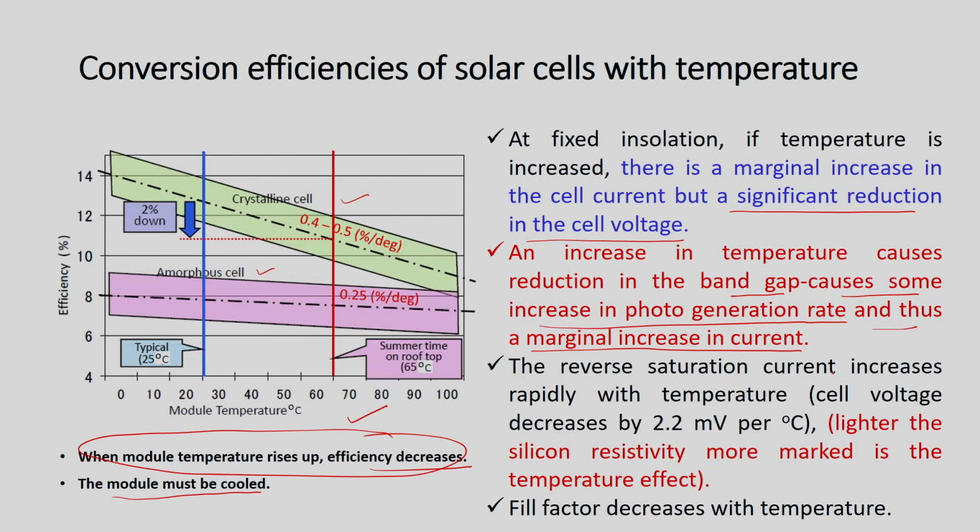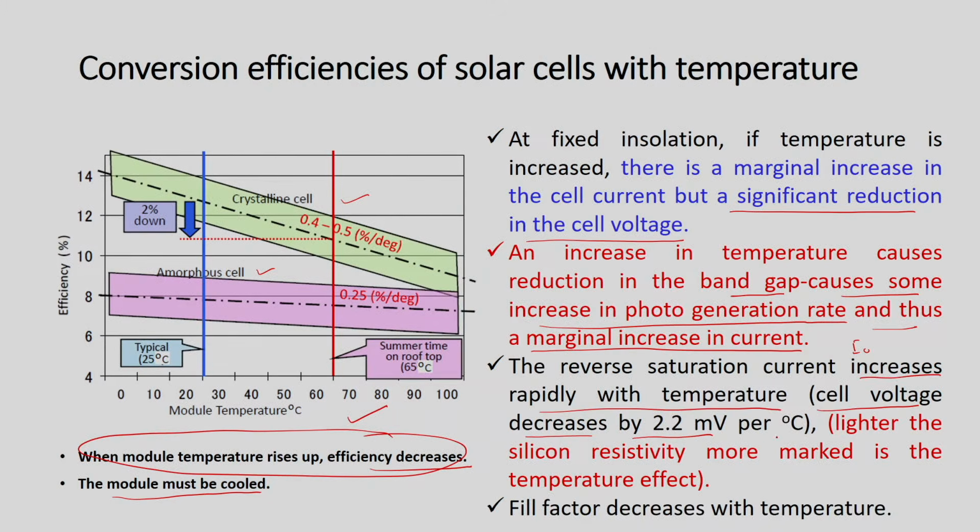The reverse saturation current, which is represented by I naught, increases rapidly with temperature. It was reported that the cell voltage decreases by 2.2 millivolt per degree increase in temperature. Also, it is observed that the lighter the silicon resistivity, the more marked is the temperature effect.